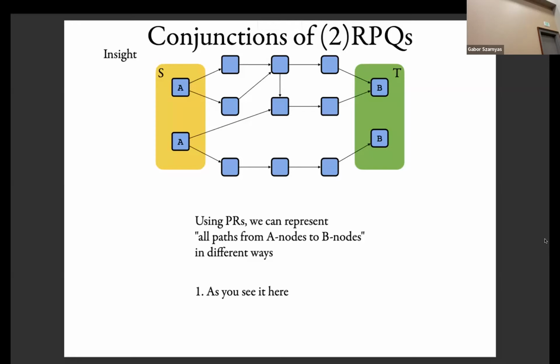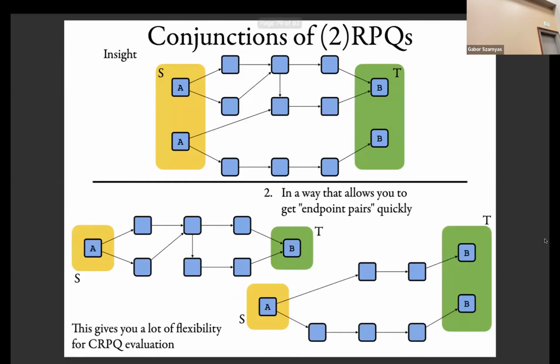For this top A node on the left, only the top right B node corresponds. So you need to do again a reachability test to find out the binary relation of start and end nodes that correspond to each other. And you can compute another path representation for the same set of paths from which you can get these endpoint pairs much more efficiently.